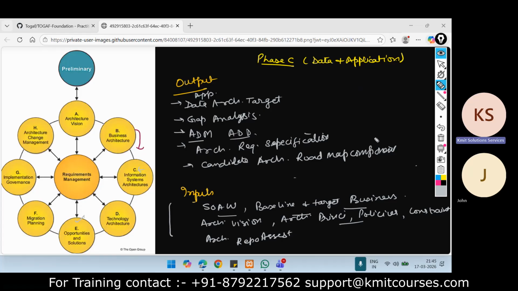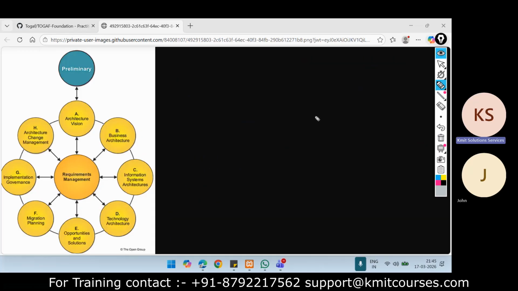So ultimately, when we are talking about this phase C, let's take one example. Let us talk about the data architecture models.